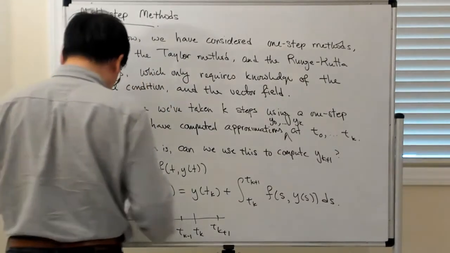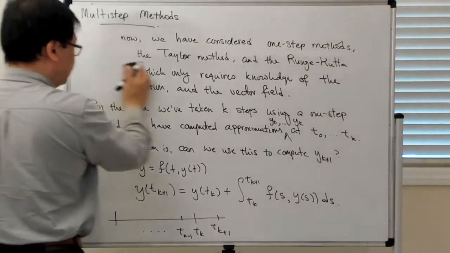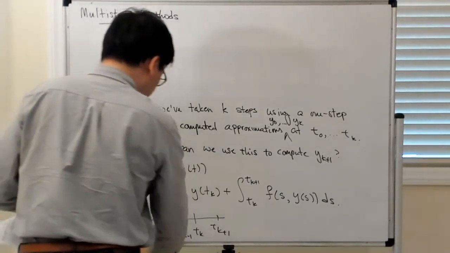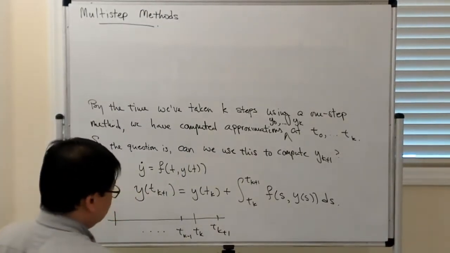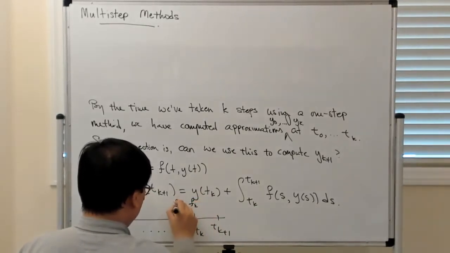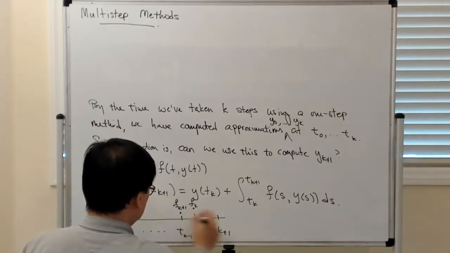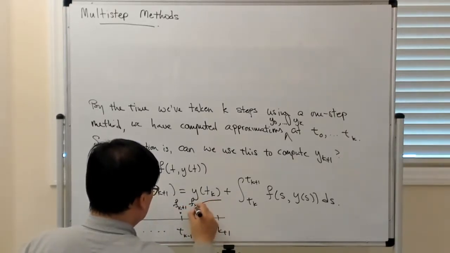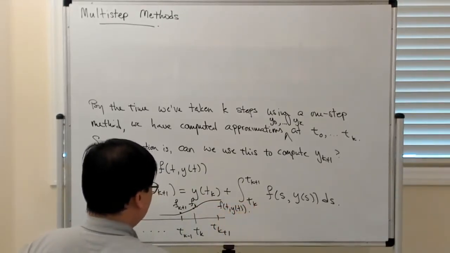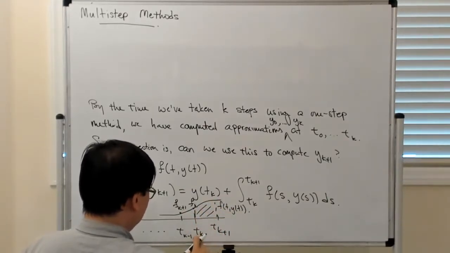So what we can do is, we're trying to evaluate f at k and f at k minus 1, and then we're trying to evaluate the integral. So this, let's just say, is f of t, y of t. That's the curve which we are trying to compute the integral of from tk to tk plus 1.